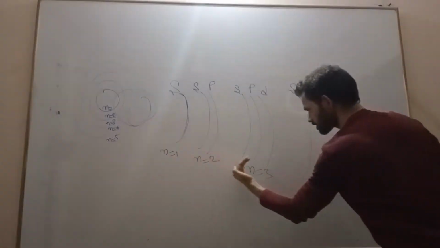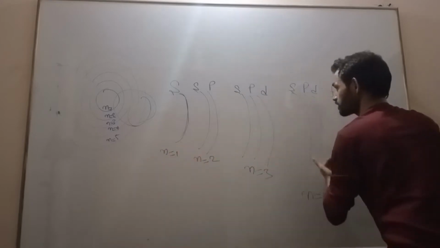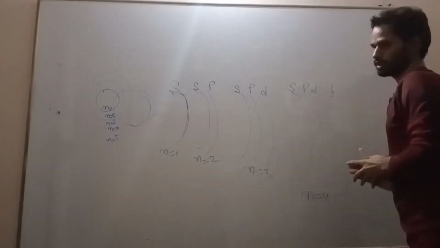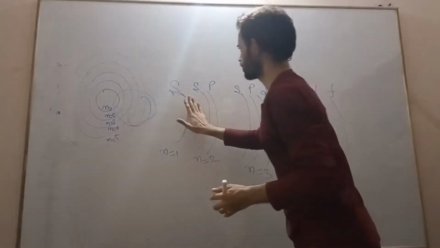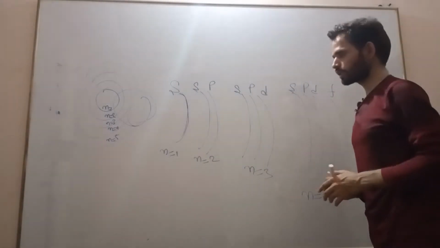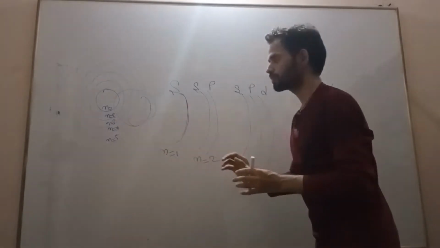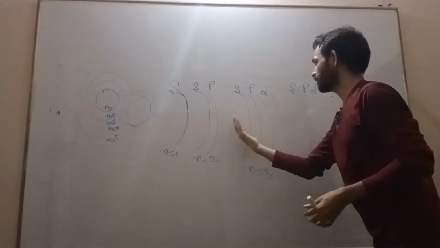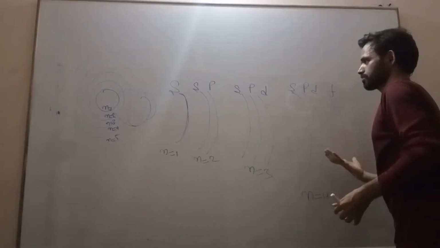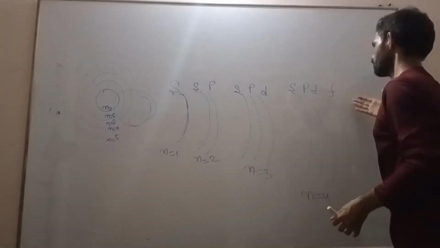As the number of energy levels, or orbits, increases, the number of subshells also increases. Now we have reached up to the energy subshell. We zoomed in on the energy level, and inside it we are able to see different energy subshells: s, p, d, f and so on.